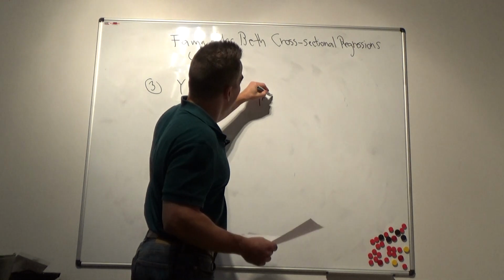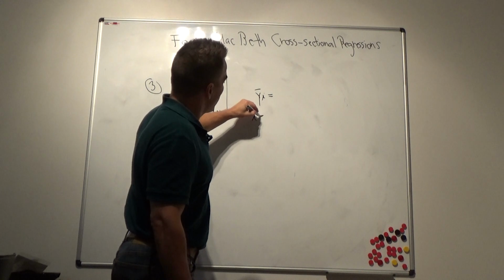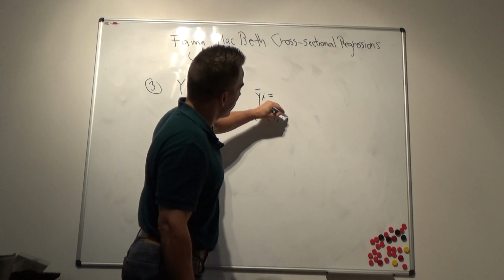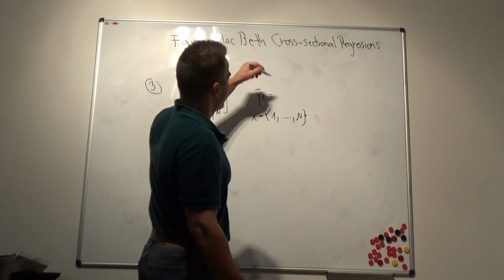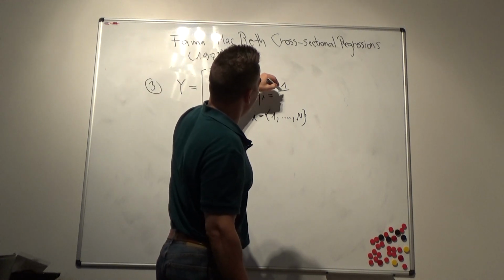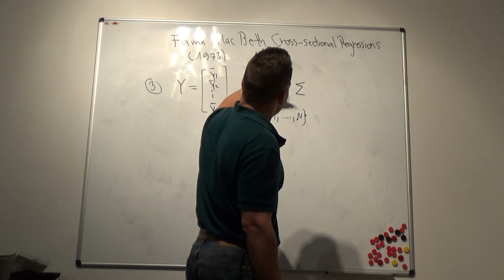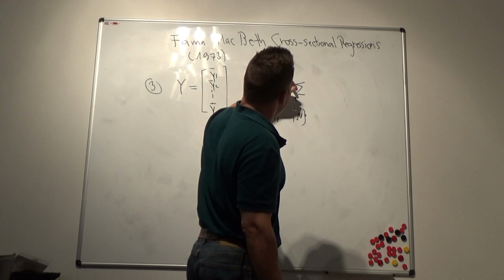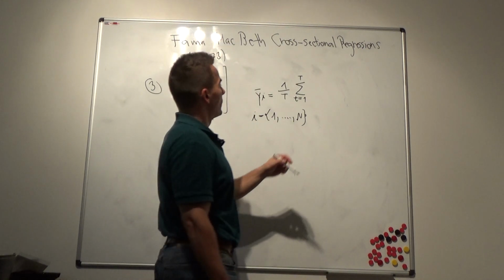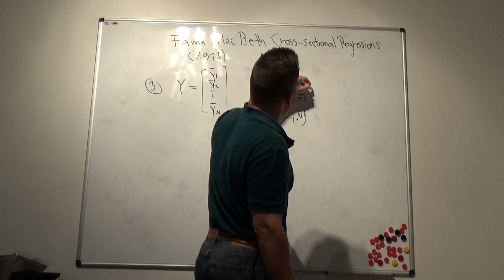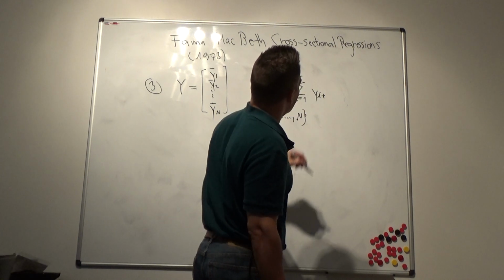And what is yi bar? Here i goes from 1 to capital N. It's defined simply as the sample average: 1 over T, the sum from t equals 1 to capital T of y i t.